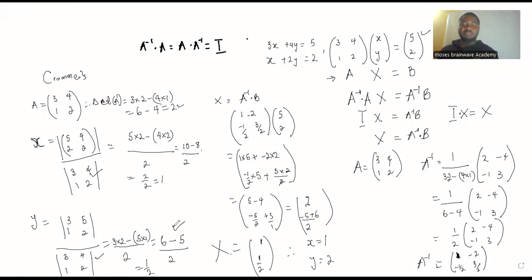So you can see this method actually tallies with this particular method also, right? So this is great. This is fantastic. So let's do one more example, and then we are going to call it a day on Cramer's Rule.